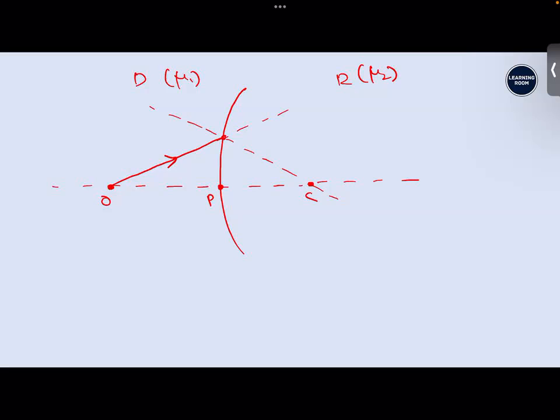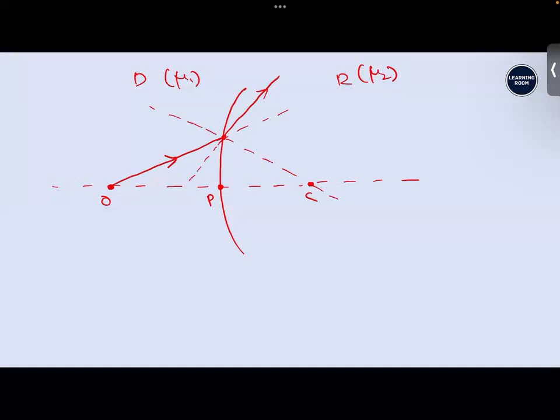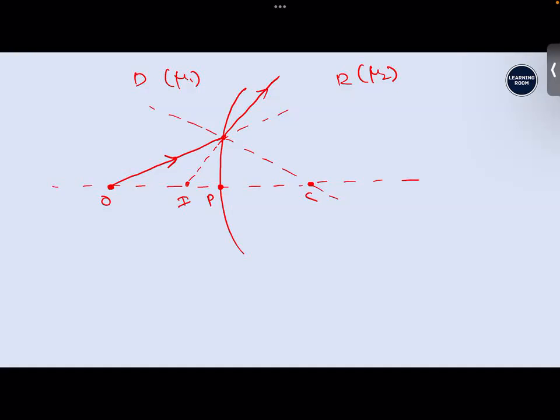When the ray moves from denser to rarer, what happens to it? When you know it theoretically, apply it. It moves away from the normal. So the image is formed here. That's it. You didn't think about this. You're telling it, but why didn't you draw?